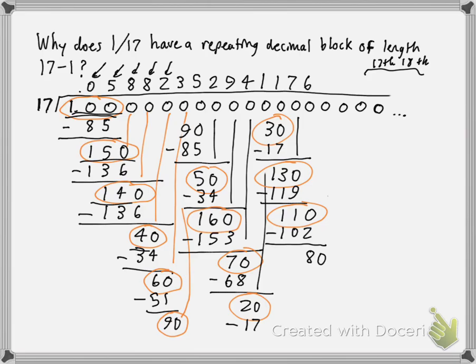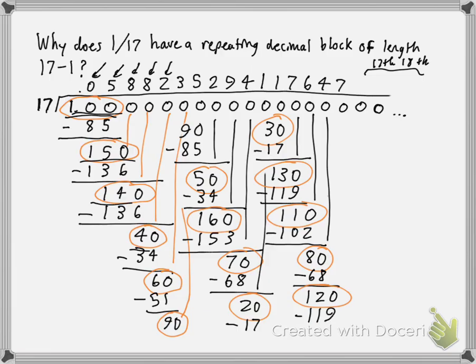Then we carry down the 0. Again, a brand new distinct multiple of 10. And then 17 times 4 is 68. 80 minus 68, that's going to be a 12. Carry down the 0. Another distinct multiple of 10 pops up. And then 17 goes into 120 seven times. Then we get 120 minus 119, and that's going to give us a 1. And then back to 0.